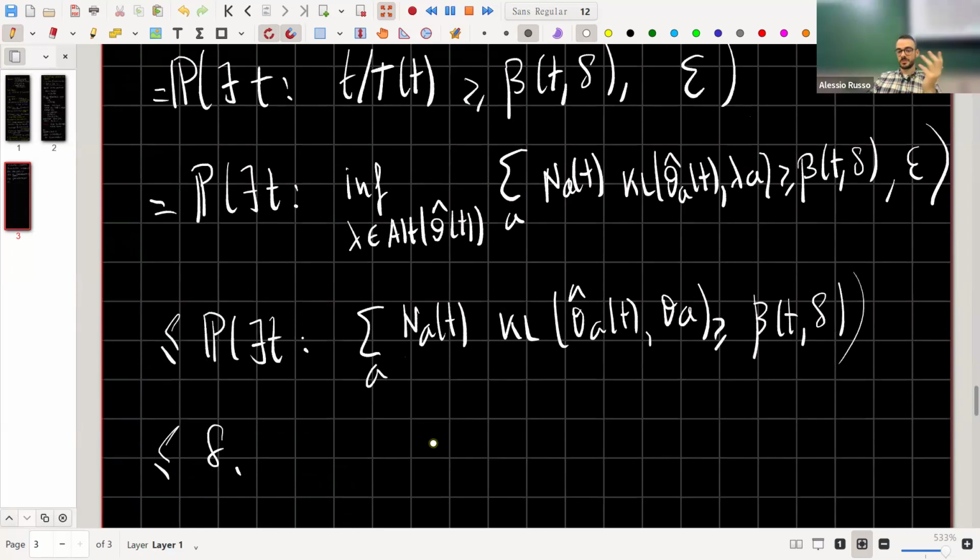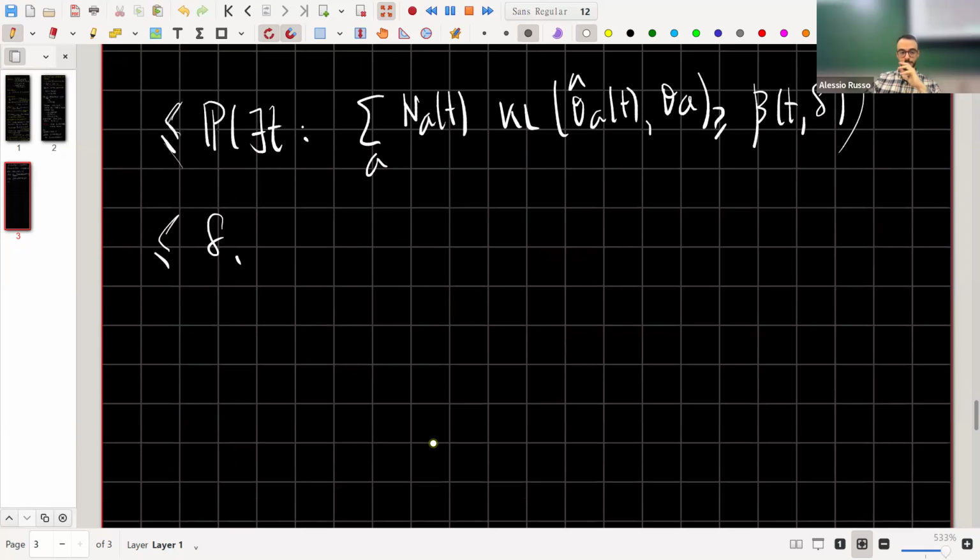And then theta might not be the infimum, might not be the point that minimizes the left-hand side, so it's an upper bound. And because it's an upper bound, this probability will happen with higher probability. So here we get this inequality, but then we know that this probability is upper bounded by delta by assumption. Yeah, I hope it's clear.